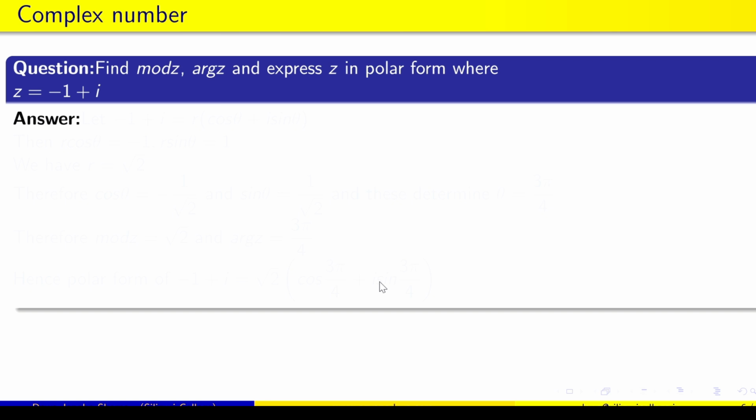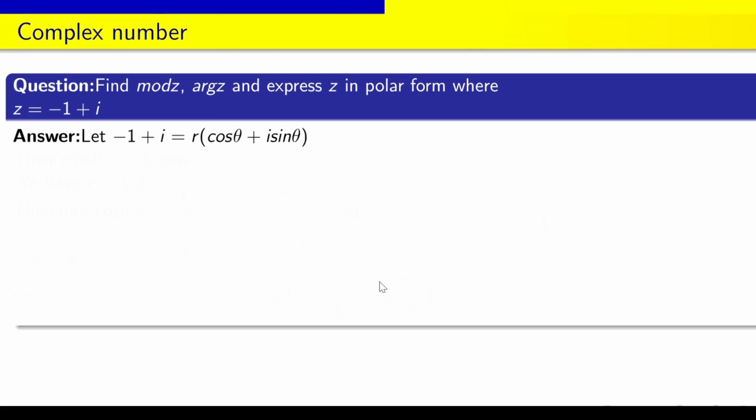Here we are going to find the modulus of the complex number z, the argument of z, and express z in the polar form, where z is equal to minus 1 plus i. Let minus 1 plus i be equal to r times cos theta plus i sin theta, the polar representation of this complex number.